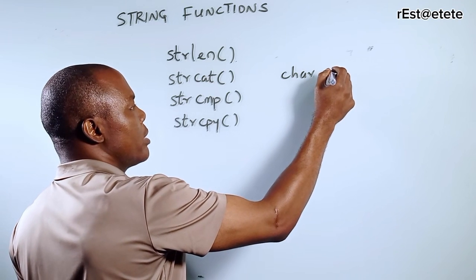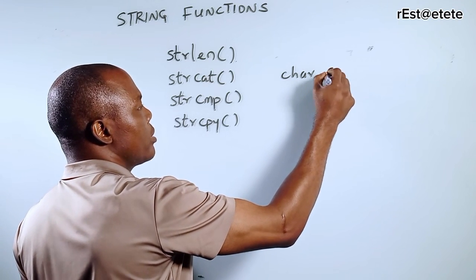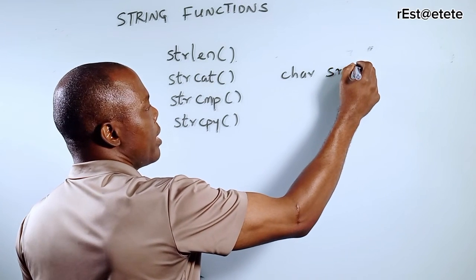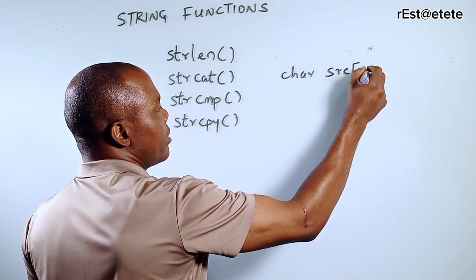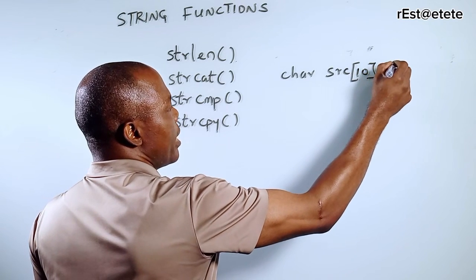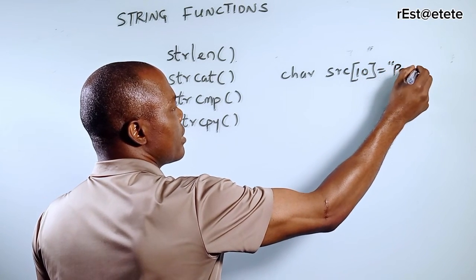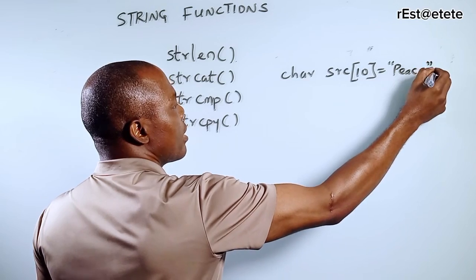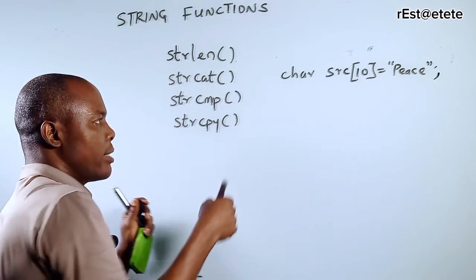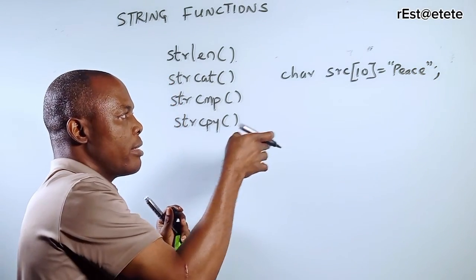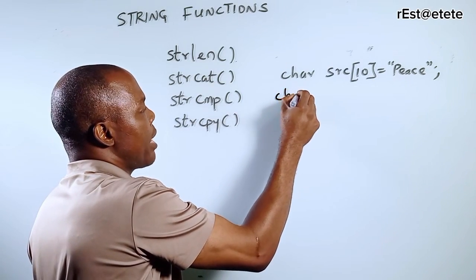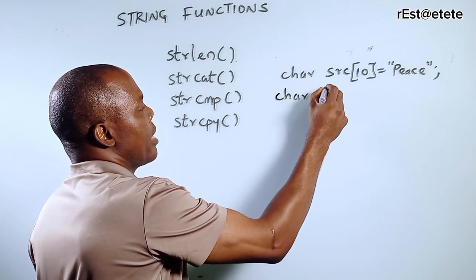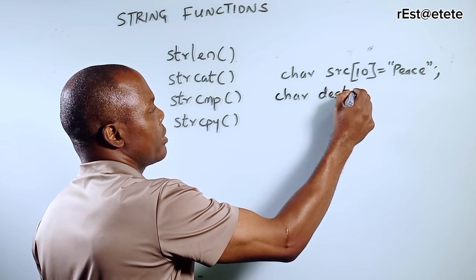Now for string copy, if I have char, let's call it source, and I assign 10 to it, and here I put peace. That is, I'm declaring the space 10 bytes. Then I have another one, char, and I call this destination.